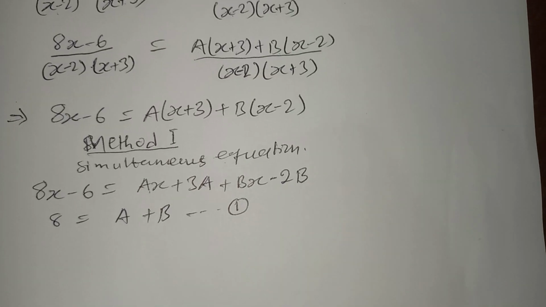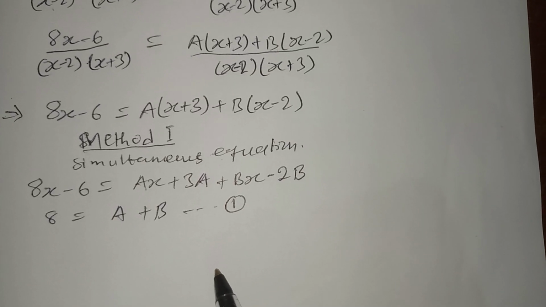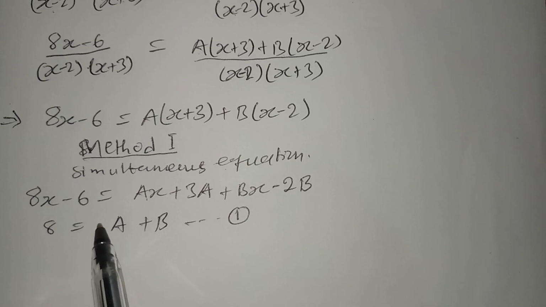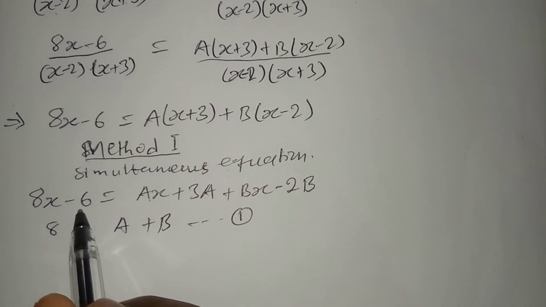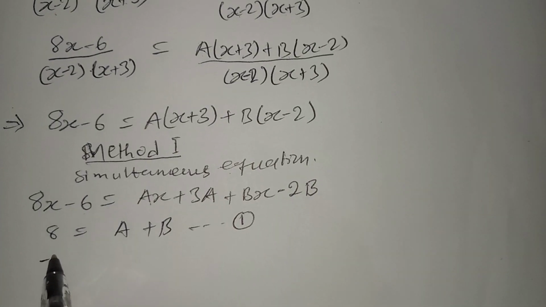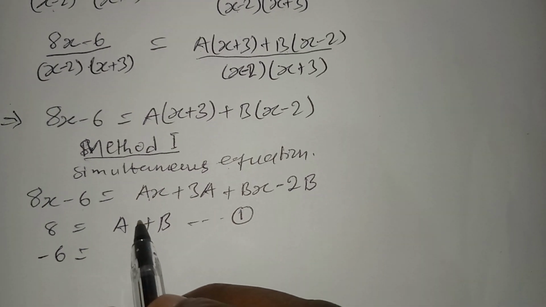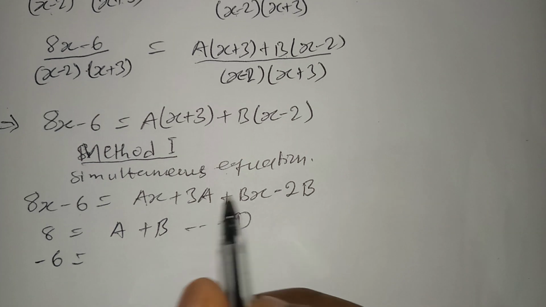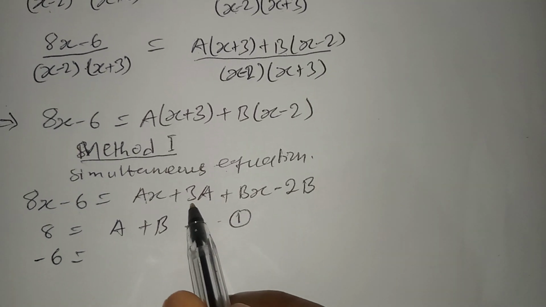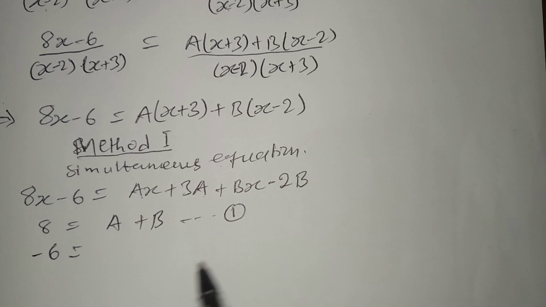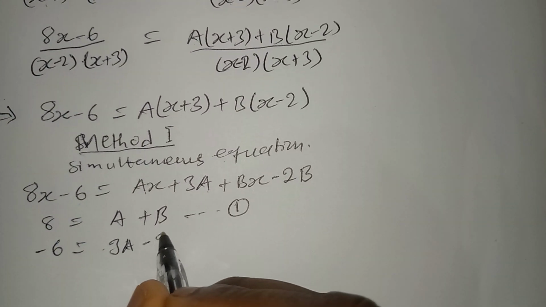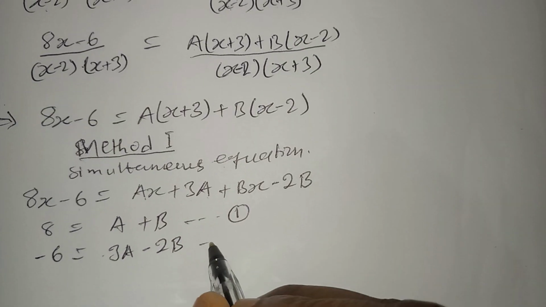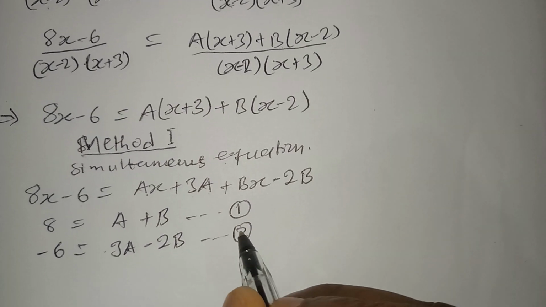Then we consider the constant aspect: negative 6 on the left hand side must be equal to the constant component of the right hand side, which is 3A minus 2B. We name this equation 2.